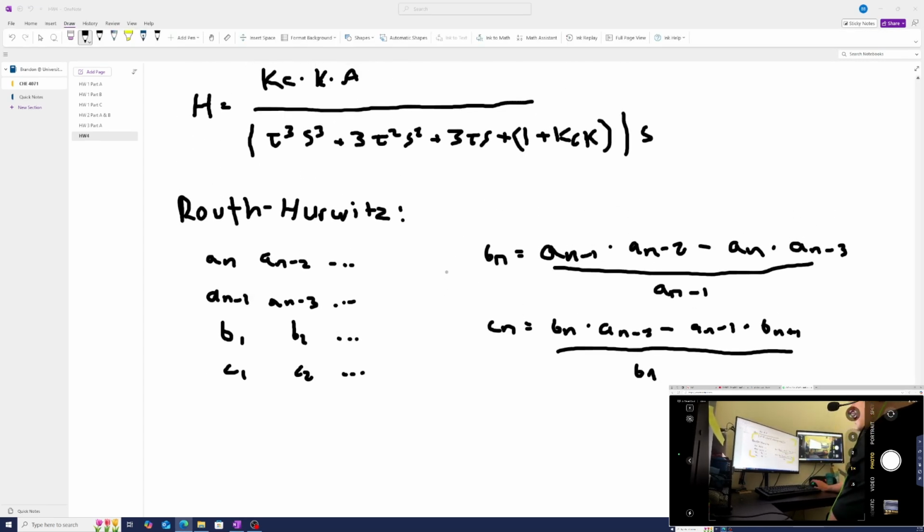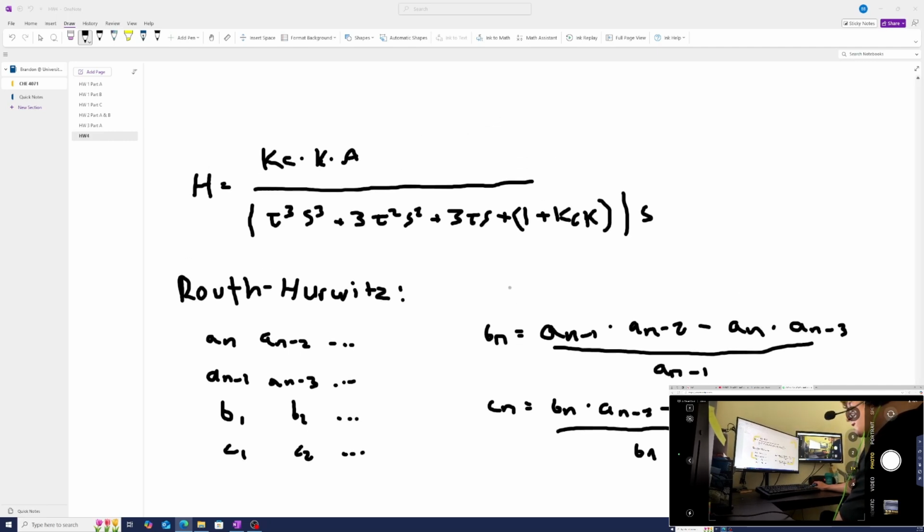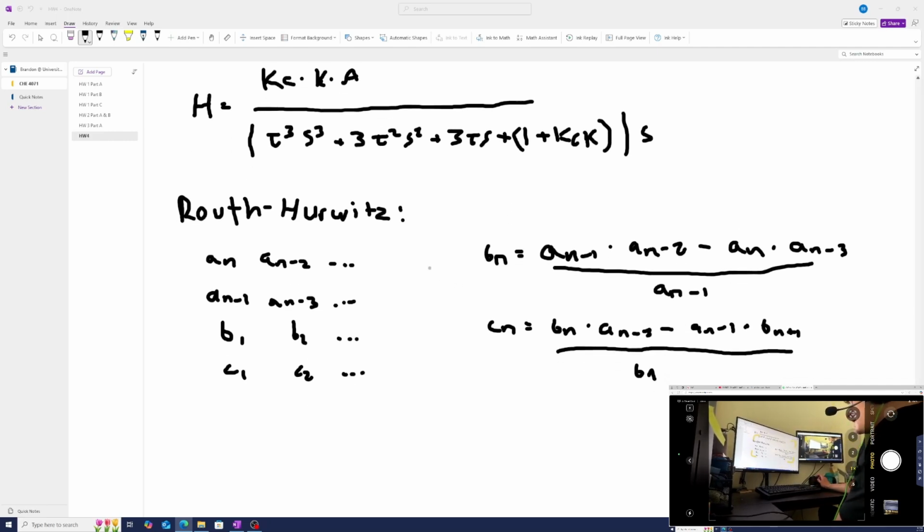For the next part of homework for part B, we'll be using our Routh-Hurwitz and our closed loop transfer function in order to determine what value of Kc will result in a stable or unstable process. So for our Routh-Hurwitz, we have our table and how to calculate our B's and C's, and we will now take our closed loop transfer function and plug in our values for that.